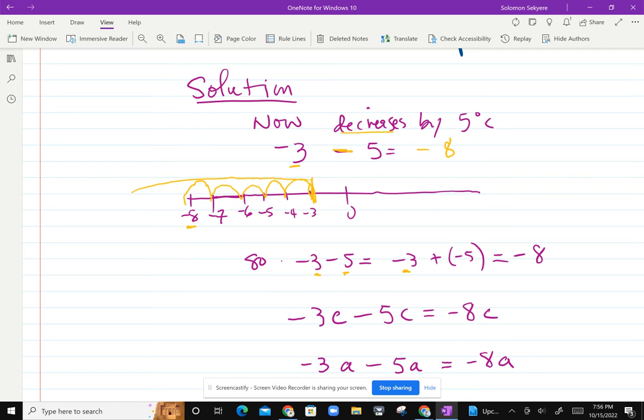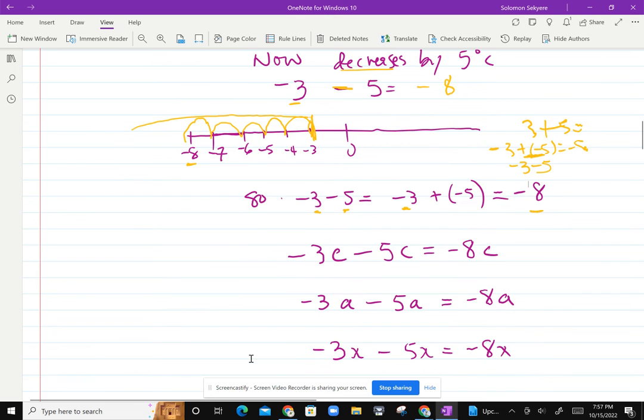It's like you have negative 3 and then you added negative 5 to it, and it ends you at negative 8. You see how 3 plus 5 equals 8, so negative 3 plus negative 5 is negative 8. It's just that when plus and negative come together, we make it negative 3 minus 5. So the temperature is worse.